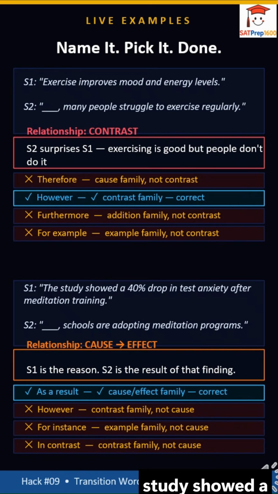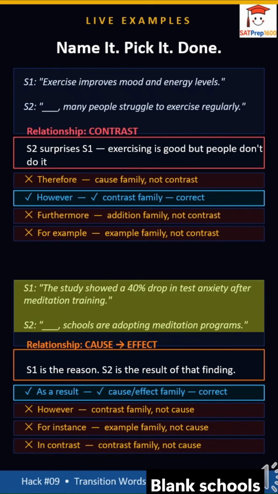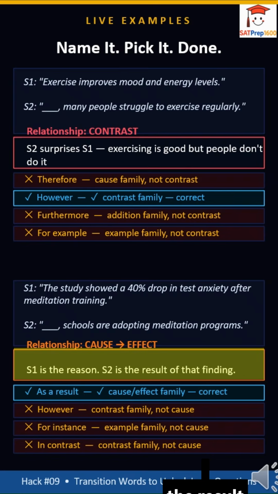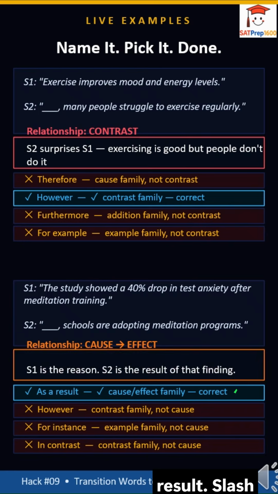Example 2. The study showed a 40% drop in test anxiety after meditation training. Blank. Schools are adopting meditation programs. S1 is the reason. S2 is the result. That's cause to effect. As a result, cause/effect family. Answer, as a result. 2 questions, 5 seconds each. Name the relationship, pick the family, done.